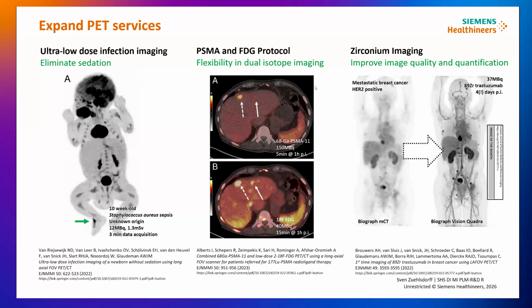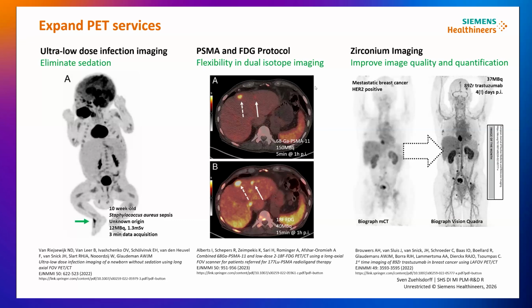Just a very simple example with 3 examples which are not different from what the other presenters have shown. As I said, you can do infant imaging by eliminating sedation, which was one of the most important concerns, but also dose. For pediatric imaging, you can define flexible protocols which even incorporate dual isotopes.